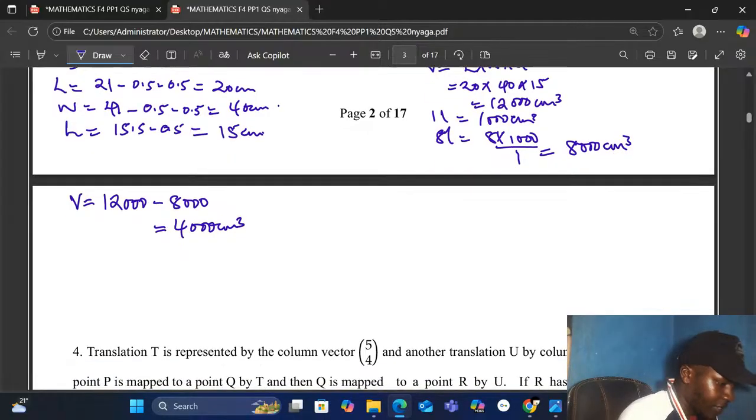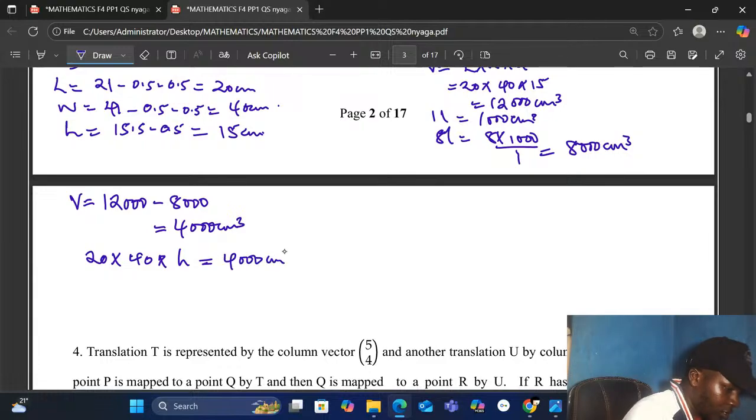So we have 20 times 40 times the height that we don't know, gives us 4,000 cubic centimeters.